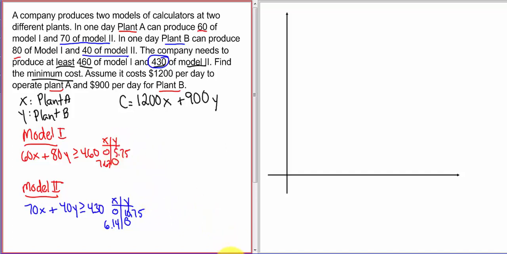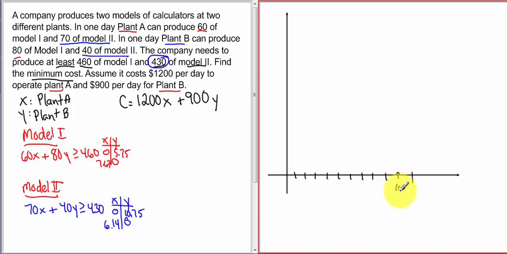So I'm going to go by units of 1, and I'm going to go up to maybe 11. You don't have to mark what each one is, as long as you break out what your scale is.